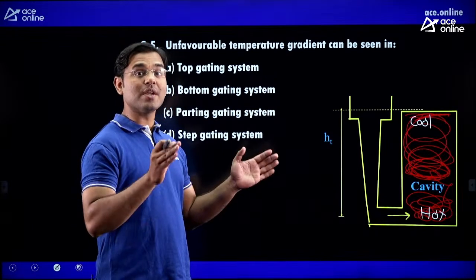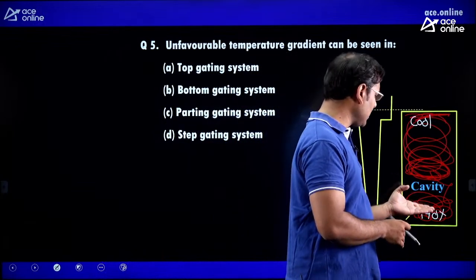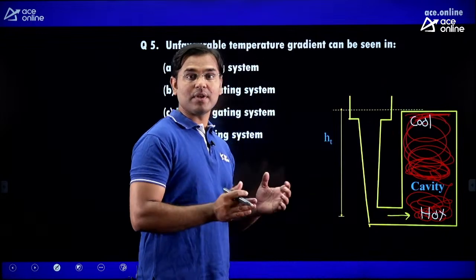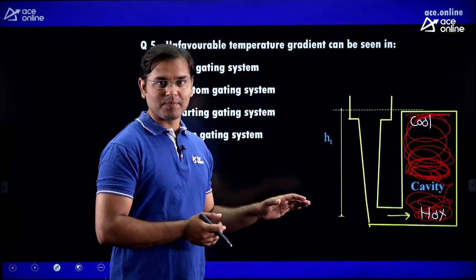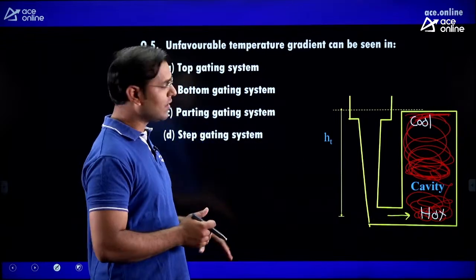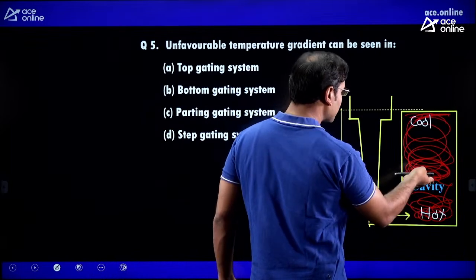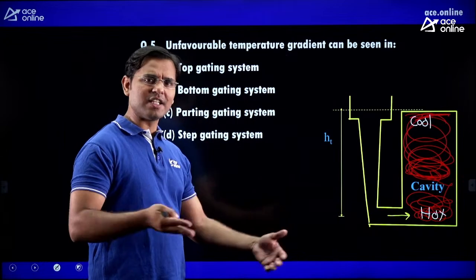What is meant by favorable temperature gradient? Favorable temperature gradient means if here is hot temperature, here is also hot temperature, then we can say the favorable temperature gradient is here. But in the bottom gating system, the unfavorable temperature gradient is there, because the velocity of molten metal reduces. That's why the casting cavity fills very slowly, and heat transfer is going on.